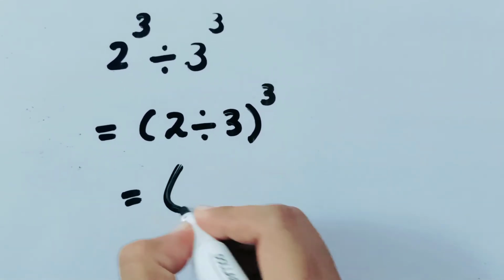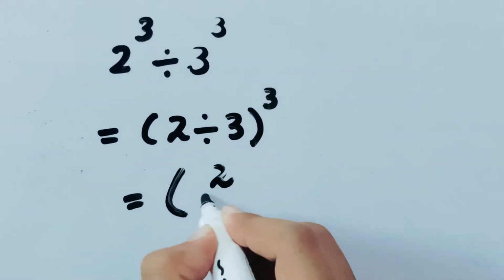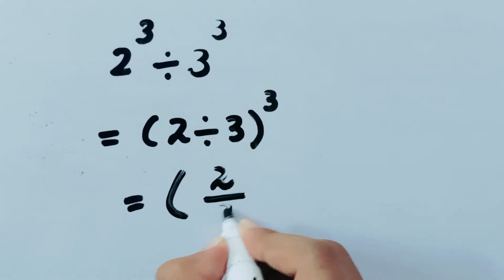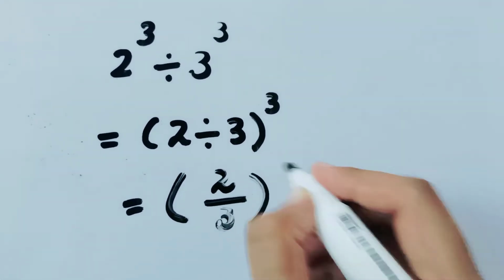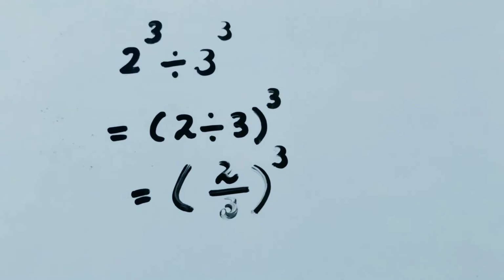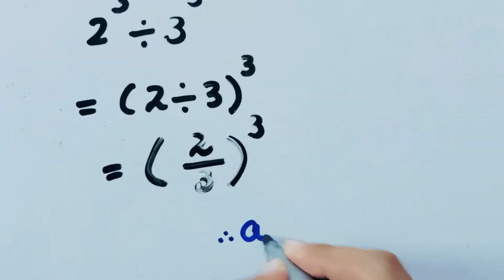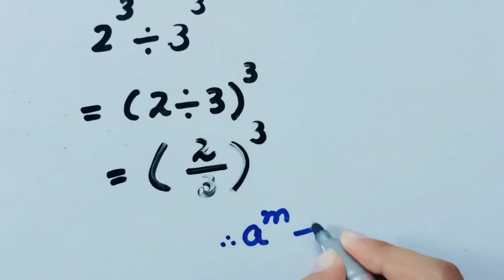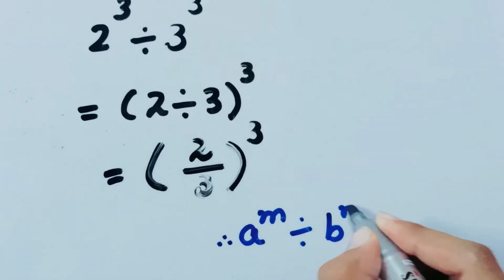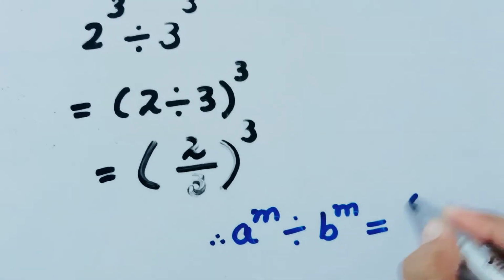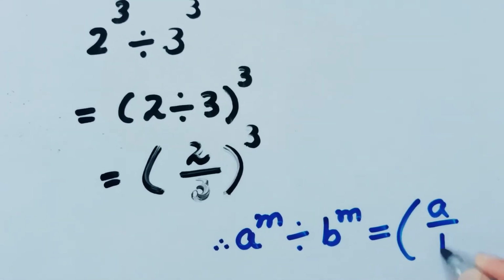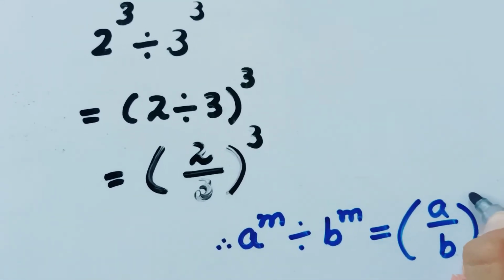This is called the quotient law having different bases, 2 over 3 whole cube. The general form of this law is a raised to power m divided by b raised to power m is equal to a over b whole power m.